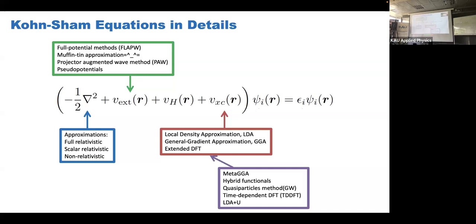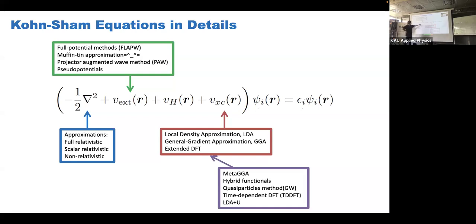And full relativistic means that we take the Dirac equation plus spin-orbit interactions. We also made these calculations, and you saw how huge they are. It took even for simple systems a few gigabytes of RAM to make this calculation.